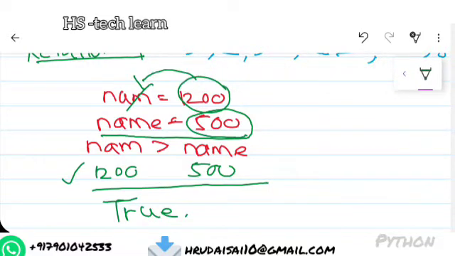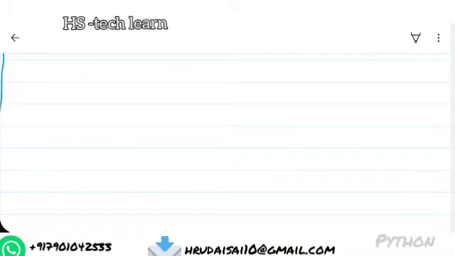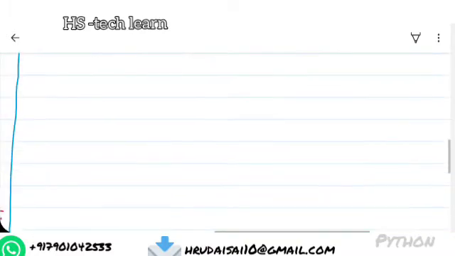What if we have 1200 less than 500? We are getting output as false.